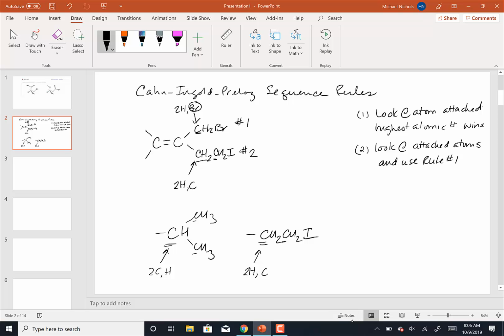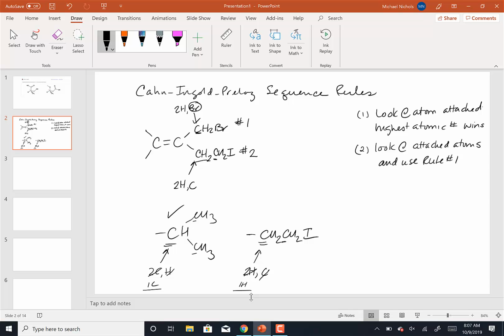Do we have enough to break the tie? I've got C's and H's, but since both groups have C's, I'm now going to basically count up. So this hydrogen cancels one of those hydrogens. This carbon cancels one of those carbons. So I am down to carbon versus hydrogen. Who wins? Carbon. And so this one would have the higher priority.